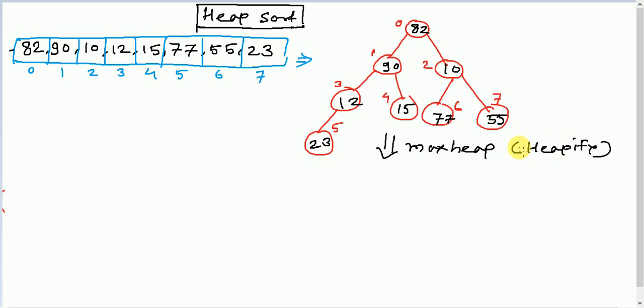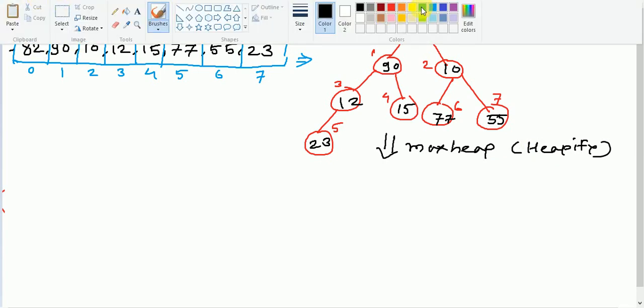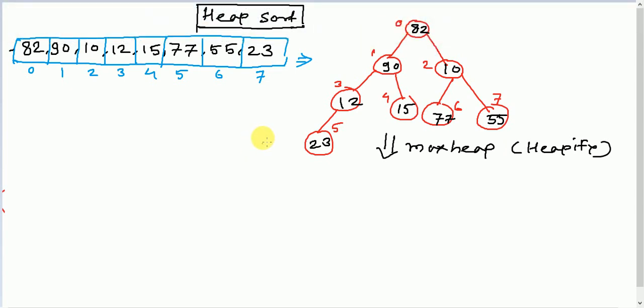Now according to the given logic, n is equal to 8. According to the formula, the largest parent index will be n divided by 2 minus 1.